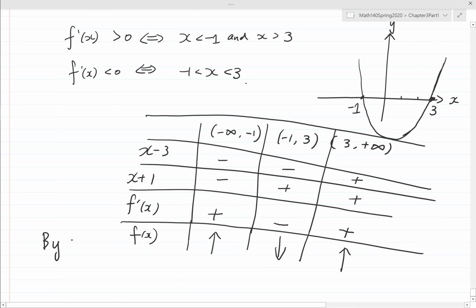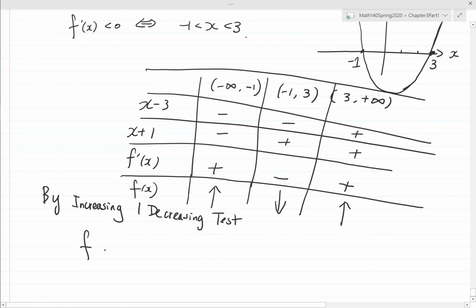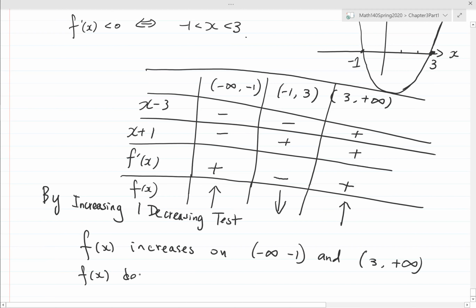So f increases on negative infinity to negative 1 and 3 to positive infinity. f decreases on negative 1 to 3.